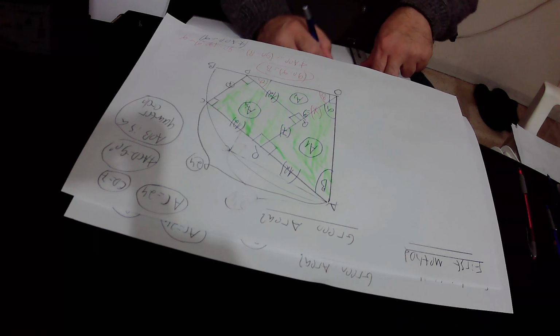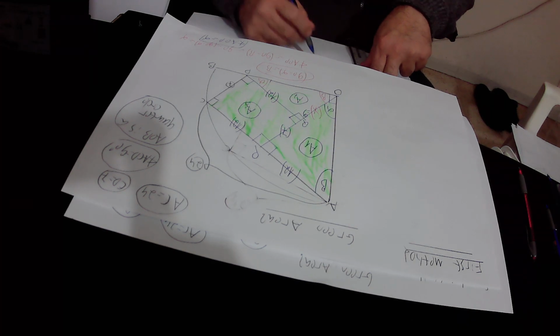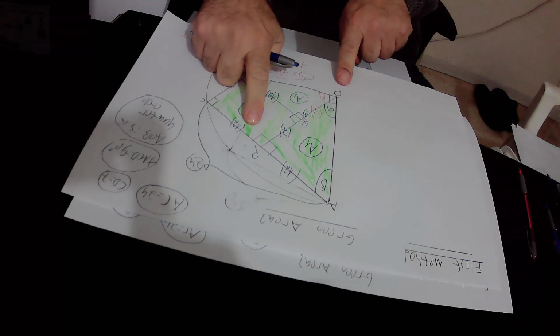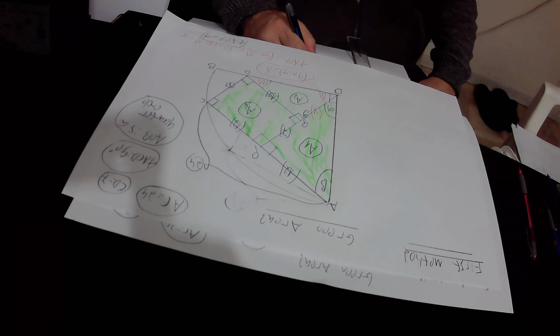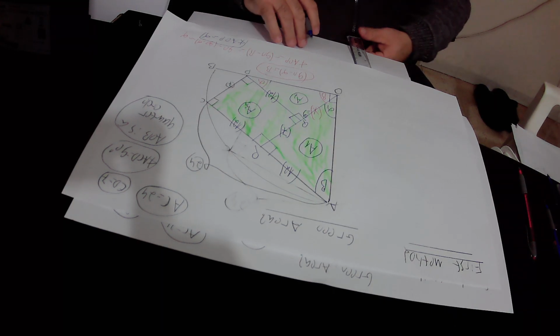Side AB equals 12 units in its length. Side PO equals 7 plus x, but x is 9, so in total PO equals 7 plus 9, that is 16.